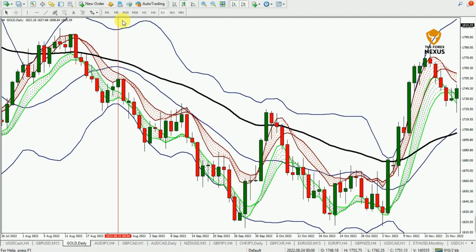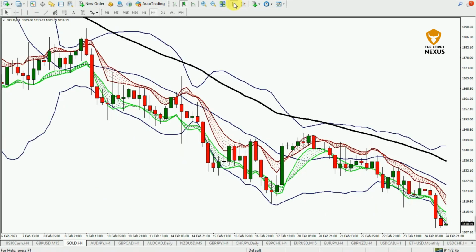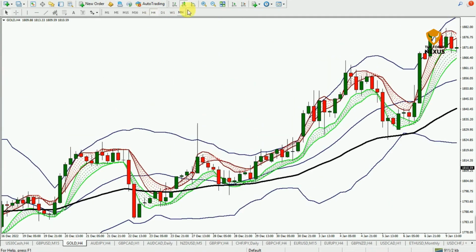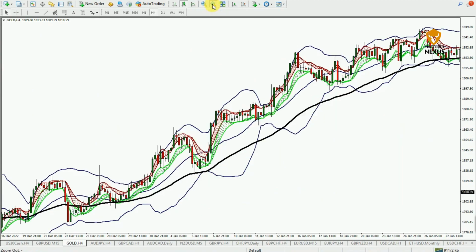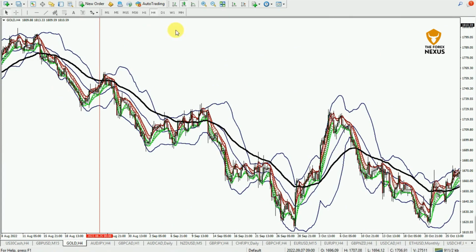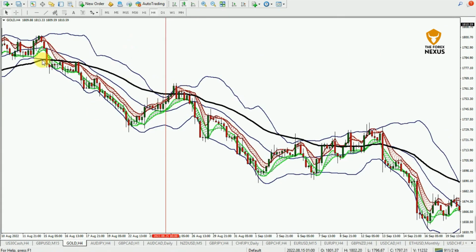This is daily. Let's move to the H4 time frame to make it more clear. Here you can see we got an EMA breakout, but with extreme, because on the second time frame we just need to wait for the extreme.